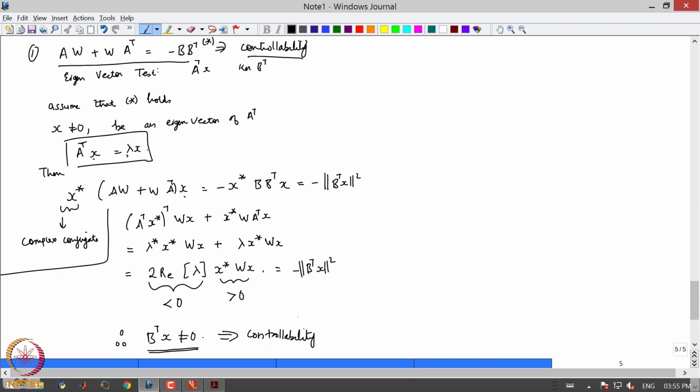I started by assuming that this is true, and then showed that there is no eigenvector of A transpose which is in the kernel of B transpose, which actually means controllability. So, that concludes the first part of the proof. Now, in the second part, assume that the LTI system 1 is controllable.